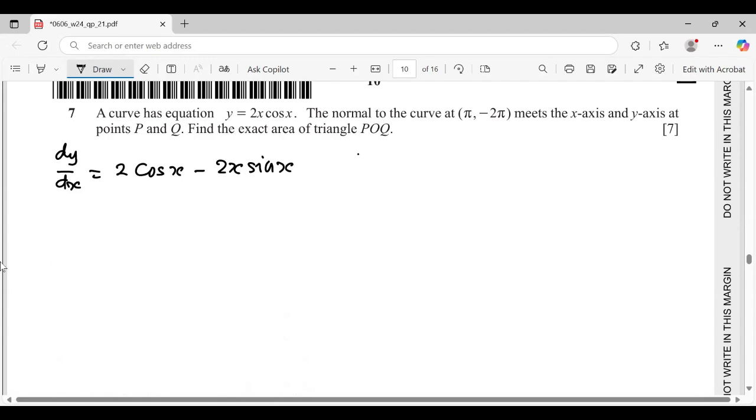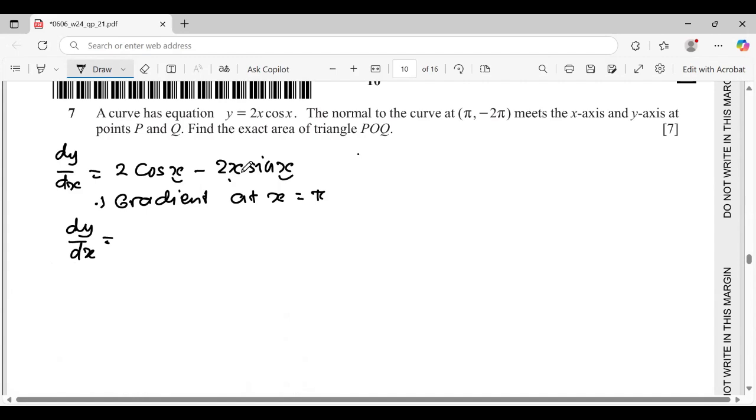And after that, we're going to find the gradient of the tangent at x equals pi. Okay, so the gradient is the derivative. The derivative of this function is the gradient. So we're going to find the gradient dy/dx.